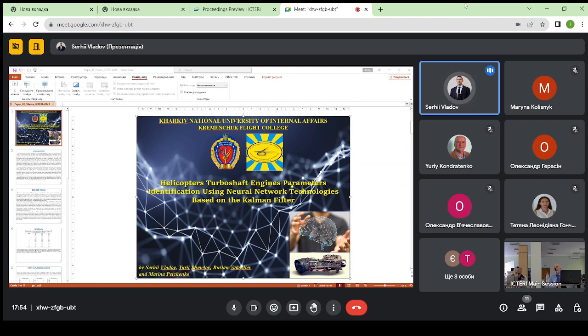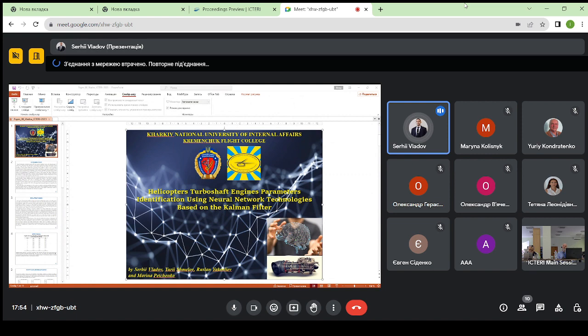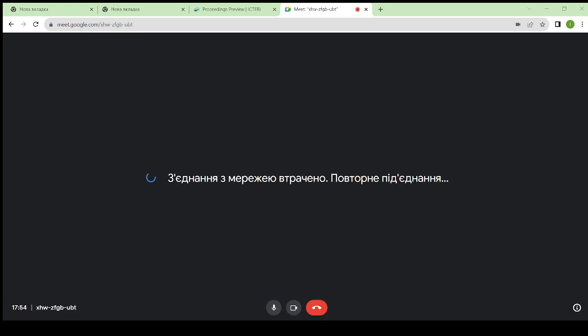The quality of the built-in mathematical models of helicopters' turboshaft engines that are part of the automatic control system largely determines the quality of control and the possibility of using modern mathematical apparatus for the synthesis of the automatic control system, as well as operating tools, solving the task of automatic control system adaptation, as well as real-time condition monitoring and failure diagnostics, inevitably requires the use of identification methods using artificial intelligence tools.